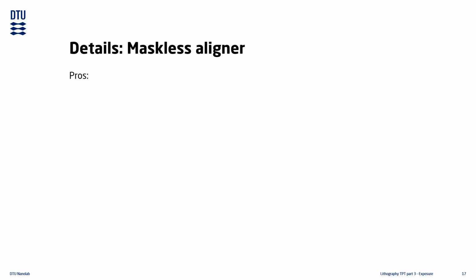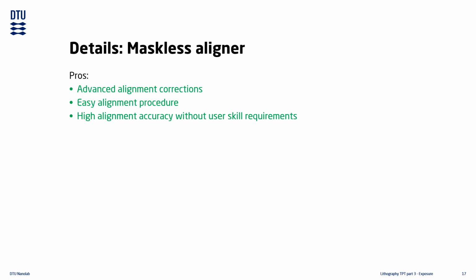The maskless aligners have quite a few areas where they perform better, or with less skill requirements, than the mask aligner. First of all, they have alignment features which are simultaneously quite advanced and easy to use. This makes the alignment accuracy of the maskless aligners a full order of magnitude better than the mask aligner. Since the maskless aligner is also a type of projection tool, there is no direct contact with the substrate.